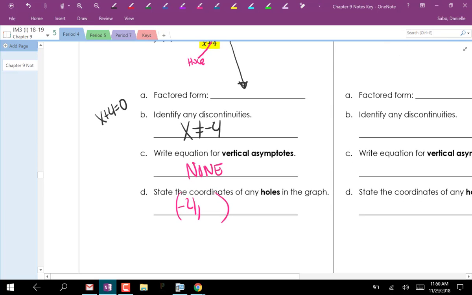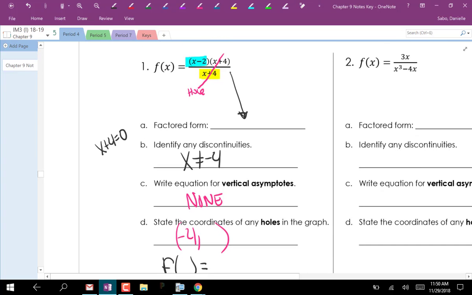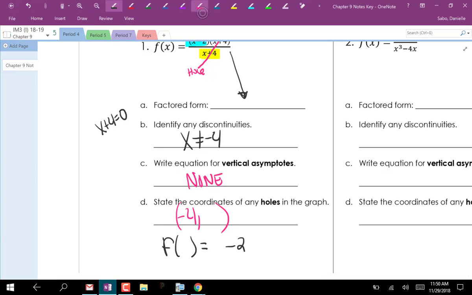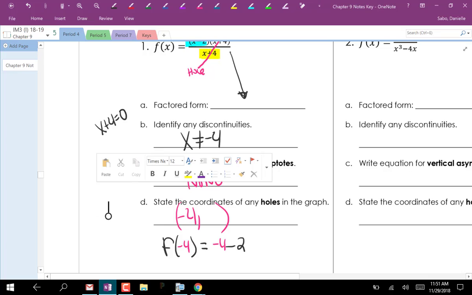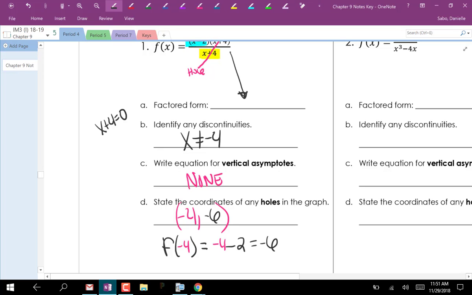So let's plug it in. F of negative 4 is going to be negative 4 minus 2. In pink here, I'm plugging in that negative 4 where I see the x. What is negative 4 minus 2? Very good, negative 6.